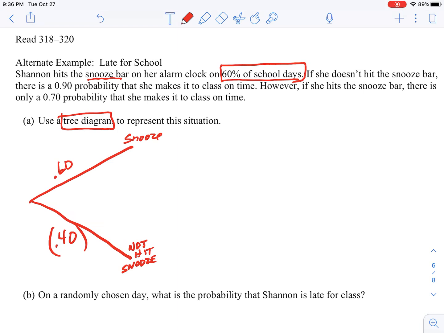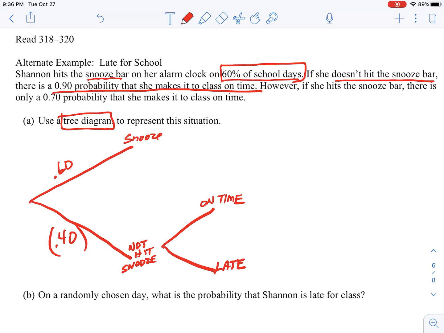And then it says if she doesn't hit the snooze bar, there's a 90% probability she makes it to class on time. So the other variable is making it to class on time or not. So this would be late, either on time or late.